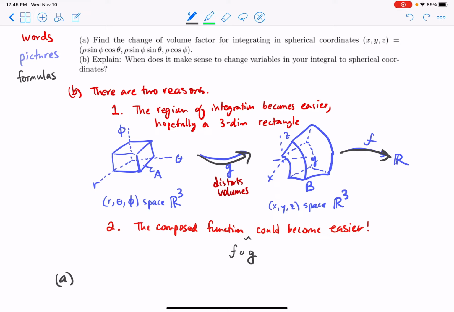What I'm going to do is call it theta 1, theta 2, just because it's going to be way easier than theta and phi, those two Greek letters. And let's call this map G, because that's what I called it up here. And it sends (r, theta 1, theta 2) to r sine 2 cos 1, r sine 2 sine 1, r cos 2, because phi was now going to be my theta 2.